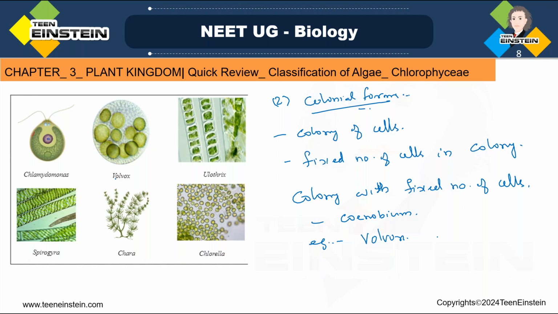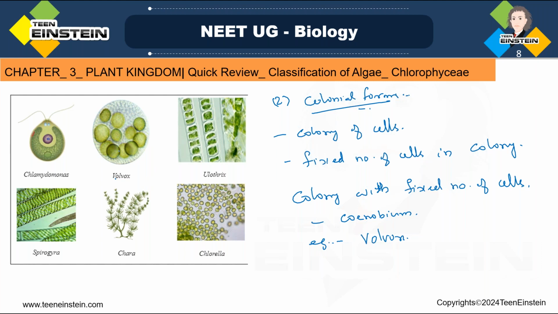The number of cells in a particular colony will be a limited number. It's not like they can make as many as they want. It is limited and fixed. The colony with a fixed number of cells is called cenobium, and Volvox is the example for the colonial form.